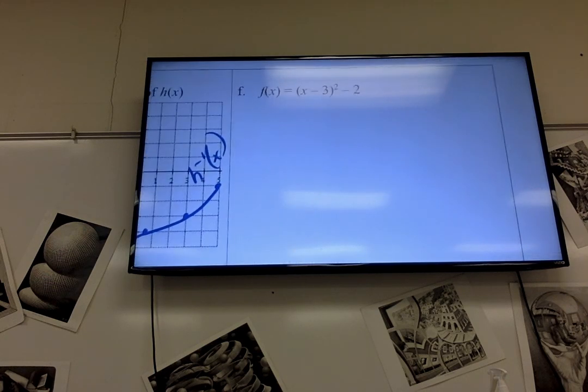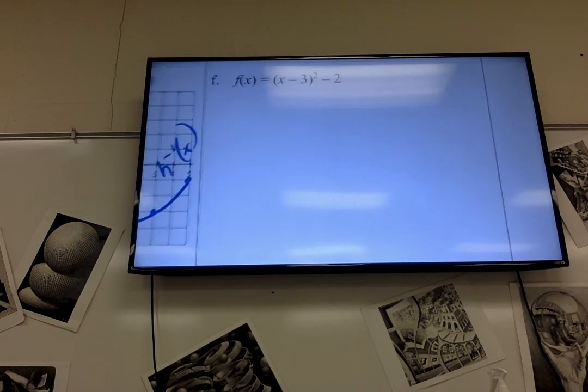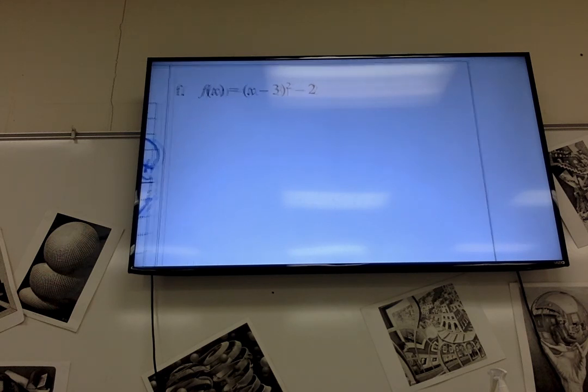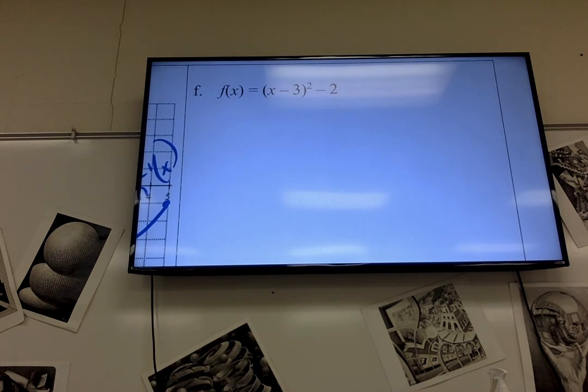Okay, now we didn't do any of these yesterday. We didn't get to the equations. So it gives us an equation, and we've got to determine if it's 1 to 1. Well, the suggestion yesterday when we were just talking about it was to think about what the graph would look like.